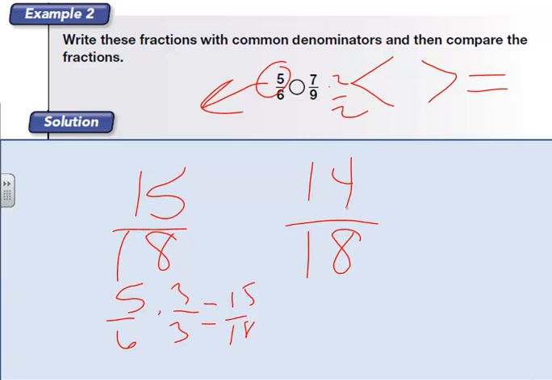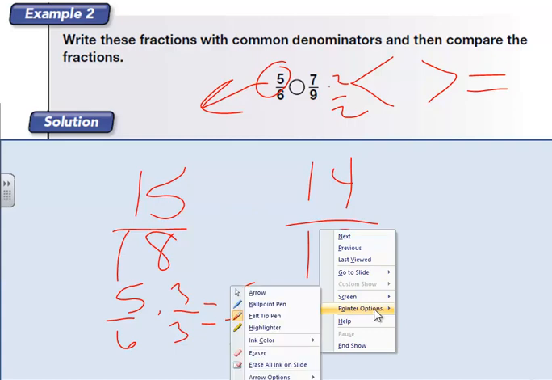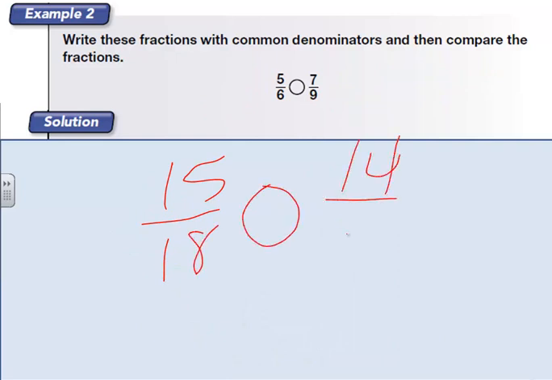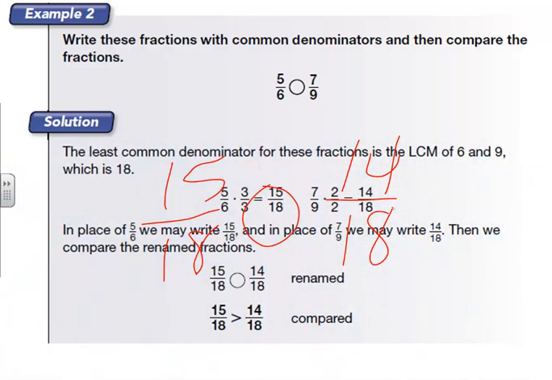So now that you know 15/18 and 14/18, can you tell me which is bigger than the other one? Is 15 bigger than 14? Yes, it is. 15 is bigger than 14. So 15/18 is larger than or greater than 14/18. Pretty cool.